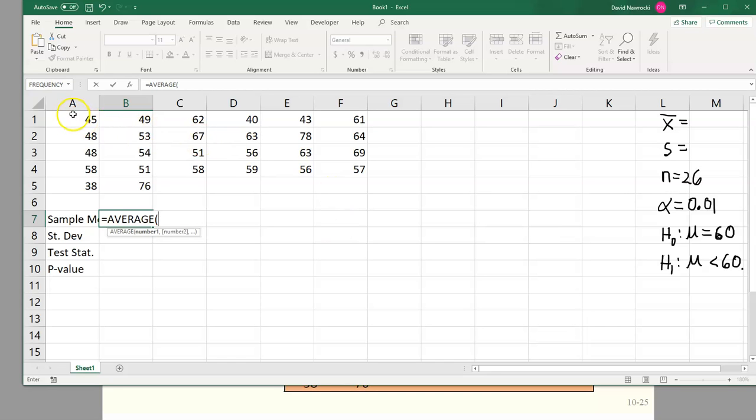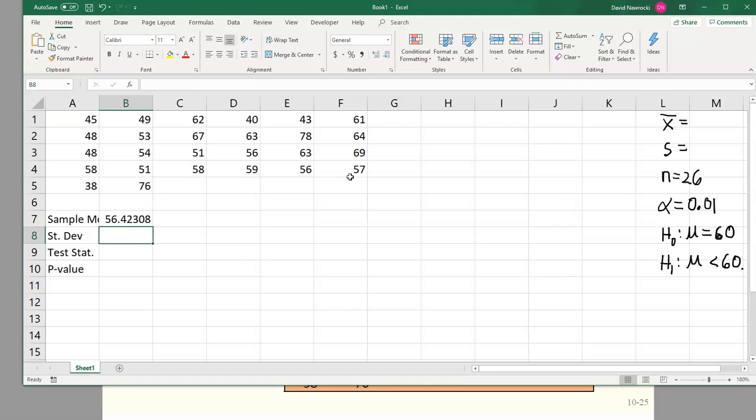Then I can just highlight these cells, A1 to F5. These empty cells will not be included in calculating the average. Excel is smart enough to only use cells that have numeric values in them. So as long as we leave them blank, we can highlight the data like this. So there's our sample mean, 56.42.